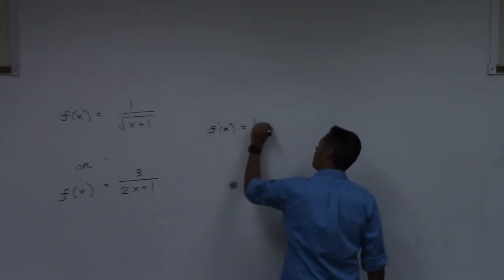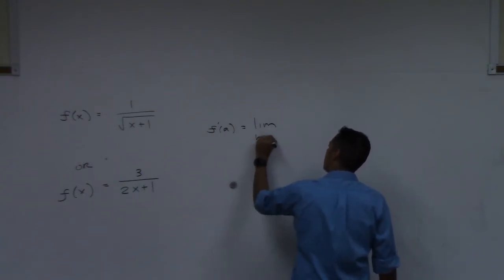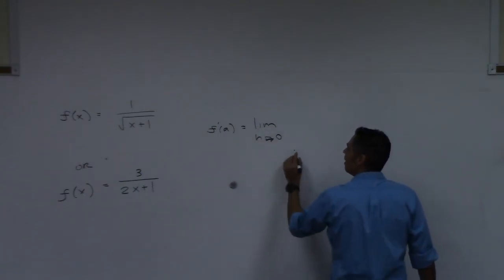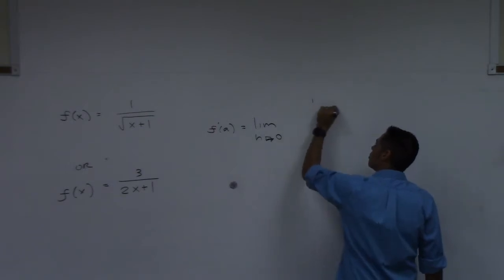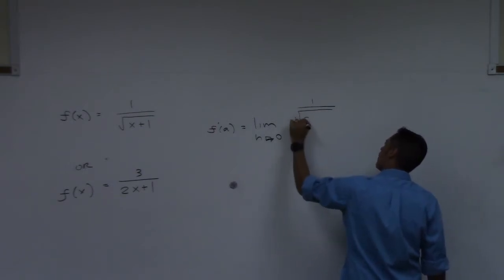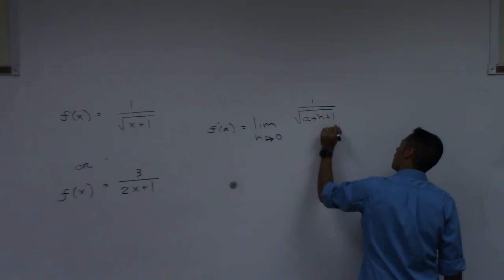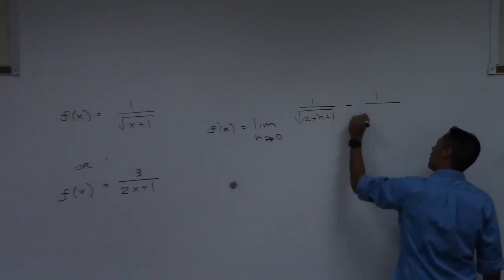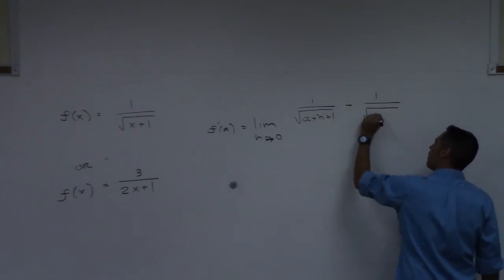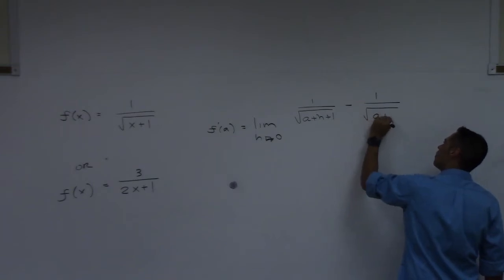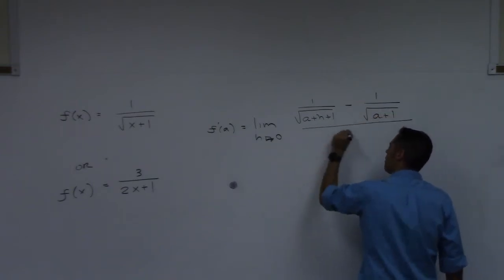you're going to do the limit as h goes to 0 of f of a plus h minus f of a over h.